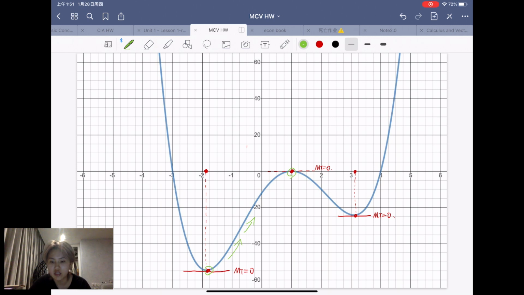Remember that if the tangent line is positive, that means the slope is positive too. So between these 2 points, the slope is positive.